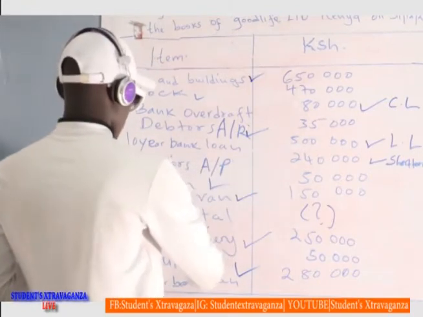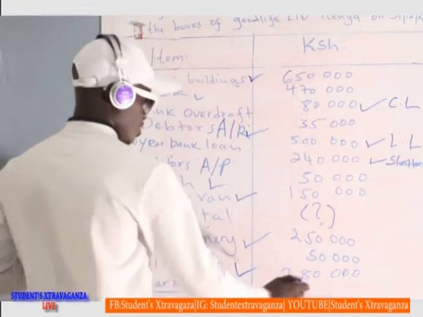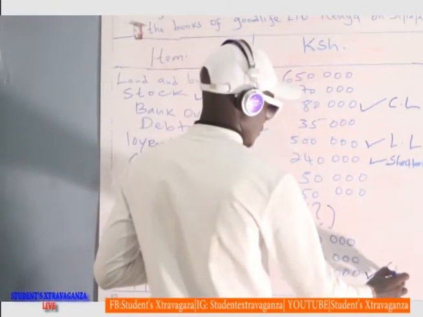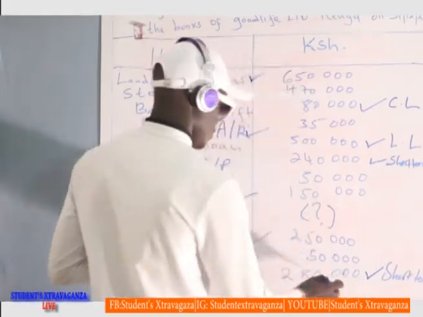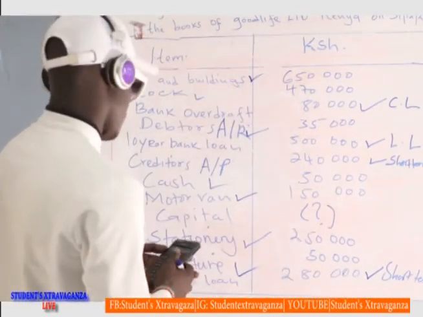Then another liability, the 1-year bank loan, a short-term liability, 280,000.